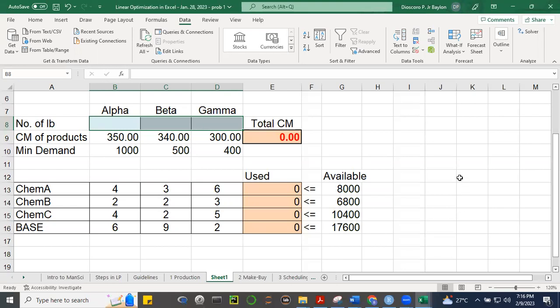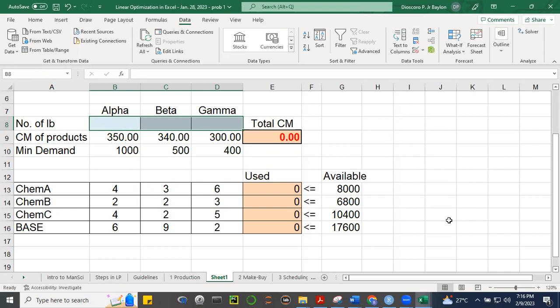Usually there are those through add-ins, but add-ins are usually part of software packages which you have to buy. So it's not very common for us to see an add-in for Solver.